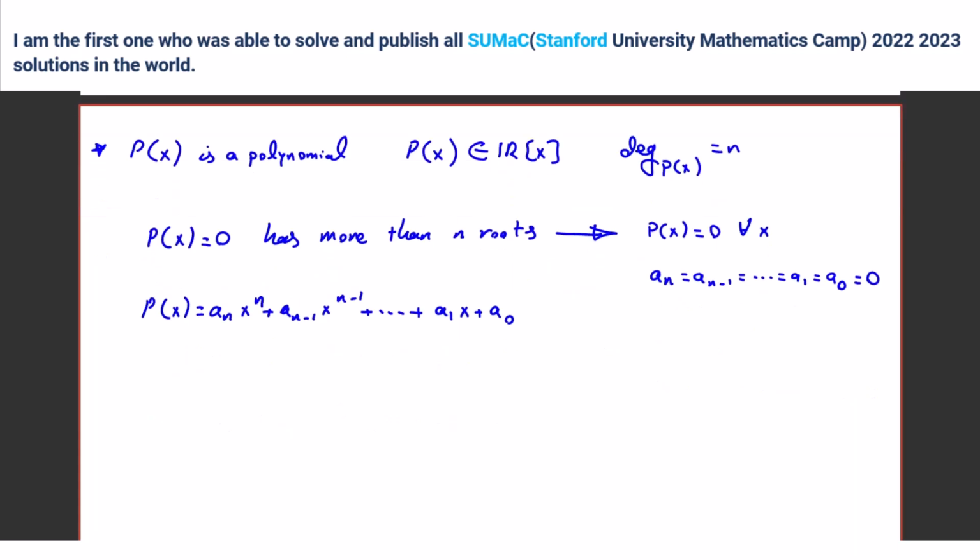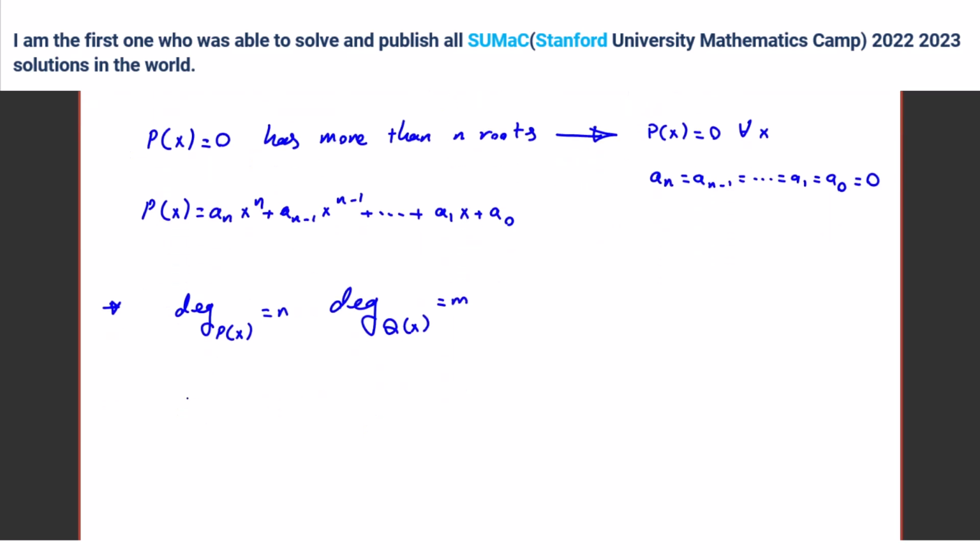Mm-hmm. Okay, and another thing. Suppose p of x is equal to q of x. Suppose the degree of p of x is n, the degree of q of x is m, and suppose p of x equals q of x has more than the maximum of m and n roots.